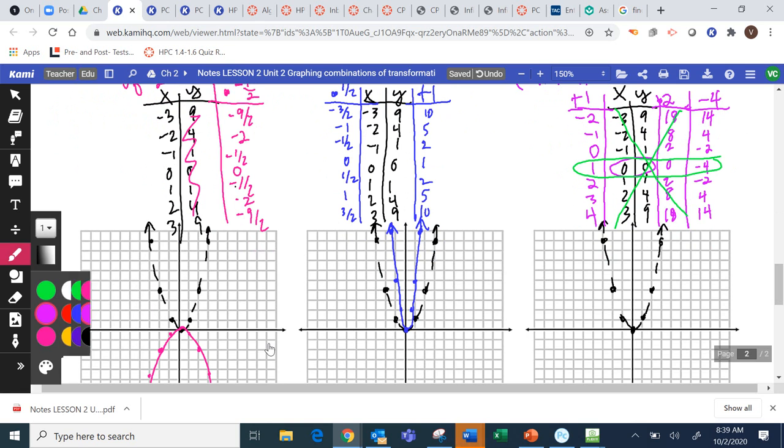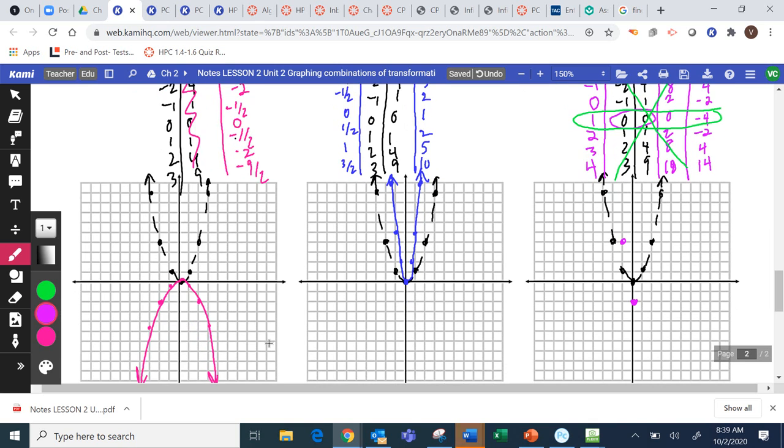I'm graphing -1, 4, 0, -2, 1, -4, 2, -2, and 3, 4.